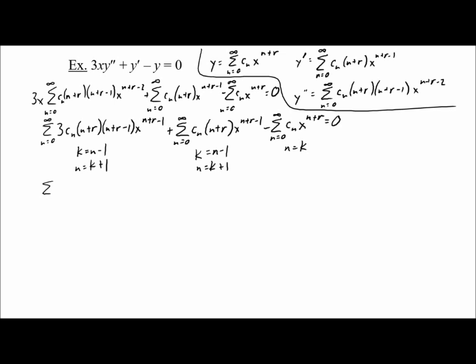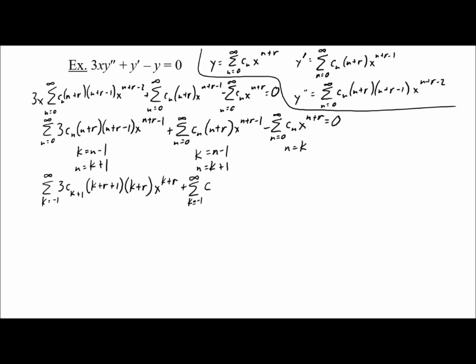Sum. So now notice that when n is 0, k is negative 1. So k equals negative 1 to infinity of 3 c_{k+1} times (k plus r plus 1) times (k plus r), x to the k plus r, plus the sum, again, when n is 0, k is negative 1.